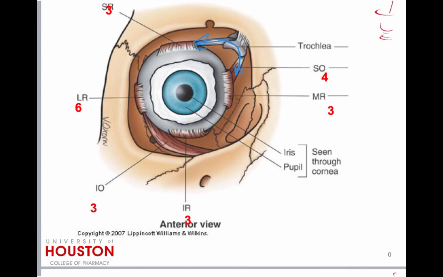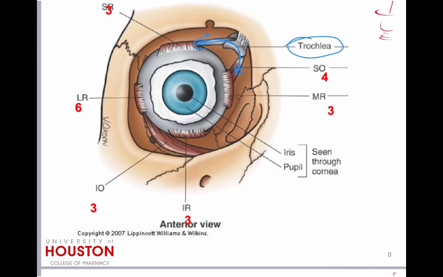That part I'm not going to worry you about so much. What I want you to remember is that this is known as the superior oblique, and it's innervated by cranial nerve 4, also known as the trochlear nerve. The reason it gets the name trochlear nerve is because this little pulley that the superior oblique goes through is actually the trochlea.